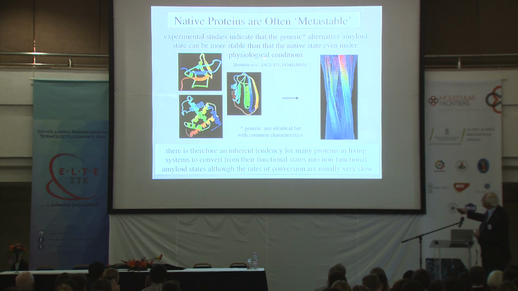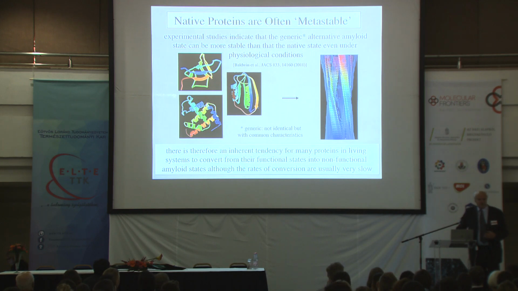It can be more stable with these arrays of hydrogen bonds than the native state, even under physiological conditions, particularly for small proteins. And so not only are our native proteins just one form of structure, but actually thermodynamically, even under physiological conditions, they're metastable relative to these aggregates. And so there's an inherent tendency for many of our proteins to convert into this structure.